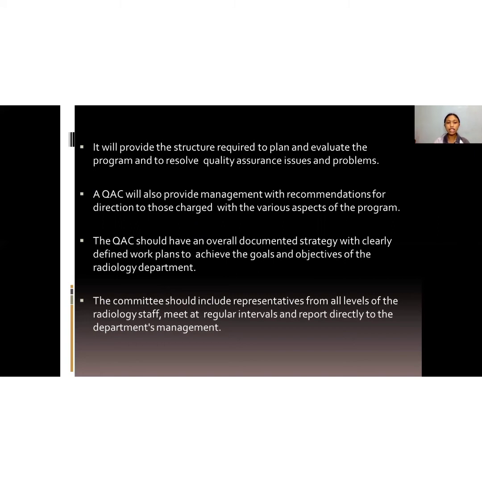It will also provide management with recommendations for direction to those charged with the various aspects of the program. The committee should have an overall documented strategy with clearly defined work plans to achieve the goals and objectives of the radiology department.